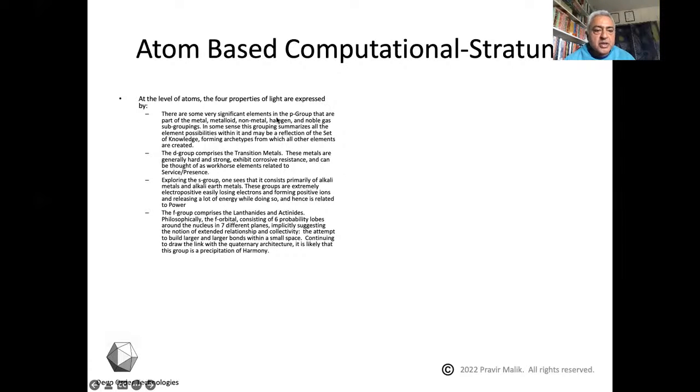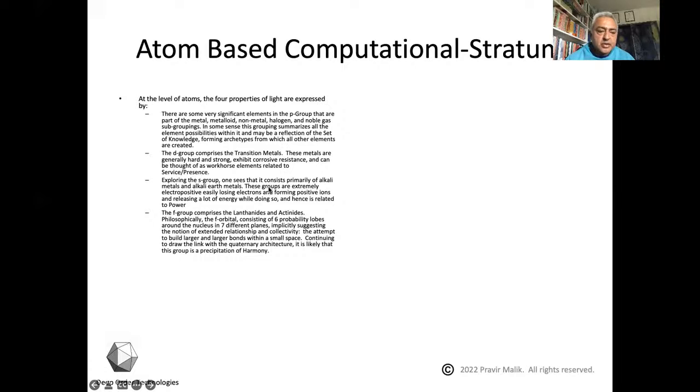So in some sense, this category houses many different archetypes, and therefore it can be thought of as a carrier of light's property of knowledge. When we think of the D group, this comprises transition metals that are essentially workhorse metals, create all the infrastructure we know around us, and therefore we can think of this as a carrier of light's property of presence.